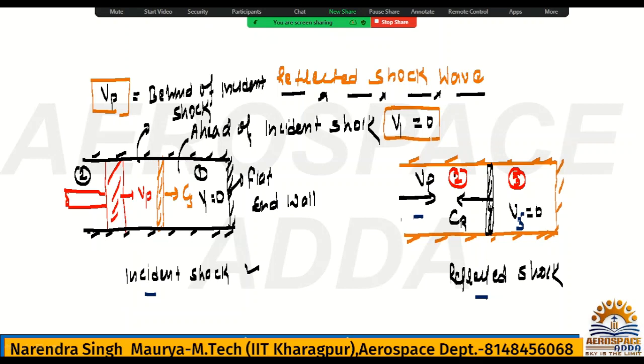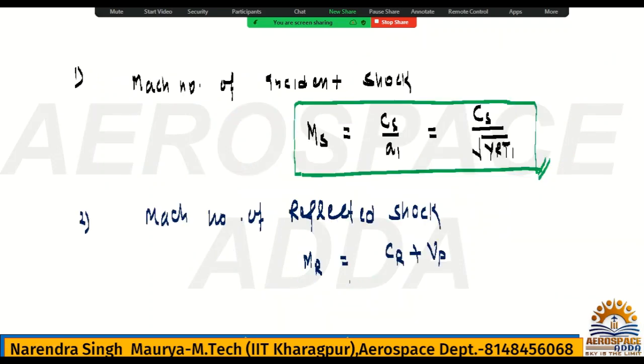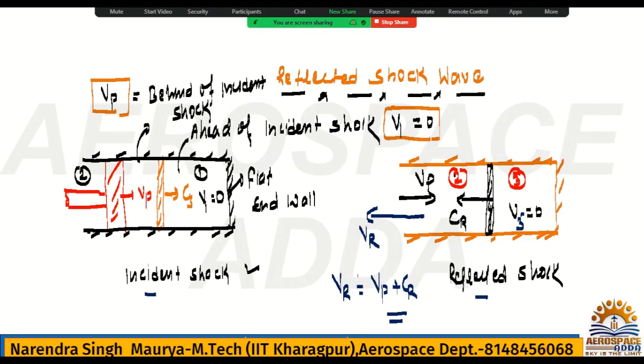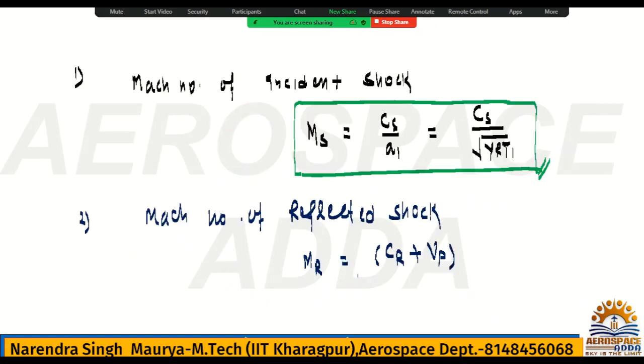See, this is ahead of the shock. So if you write the resultant speed VR, what will it be? VR will be Vp plus Cr. Yes or no? All right. So Cr plus Vp divided by, and what is the region here? Check, this region is 2. Yes or no? So what will be the speed of sound?